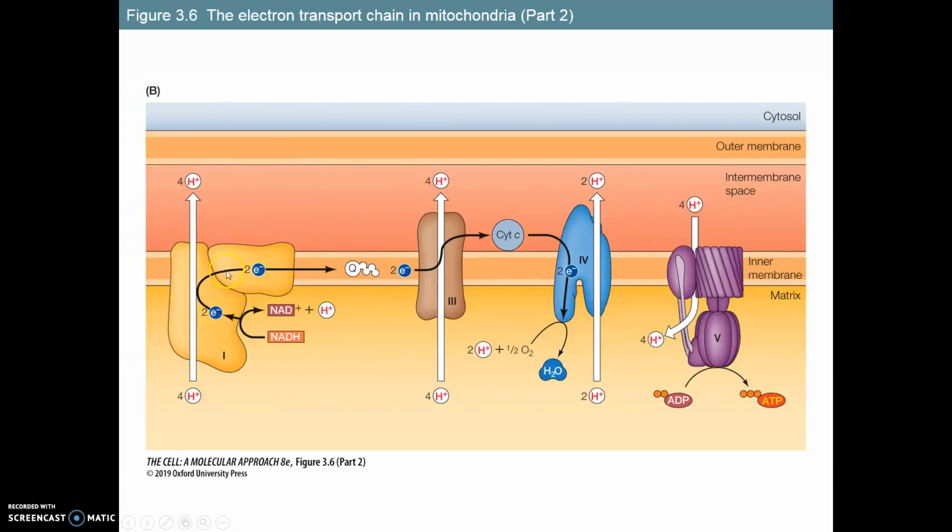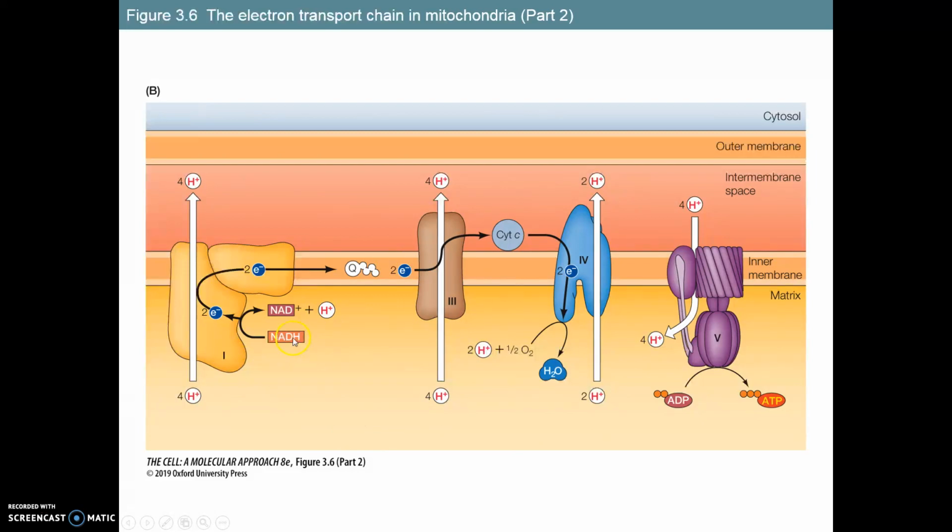So here we have complex 1, complex 3, complex 4, and ultimately complex 5. To put you in perspective of where we are located, here's the outer membrane of the mitochondria. Here's the inner membrane space. Here's the inner membrane. And here is the inside of the matrix.